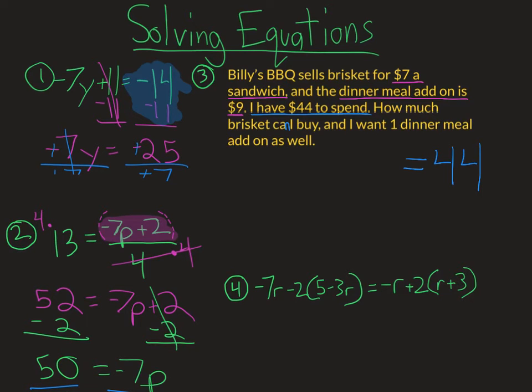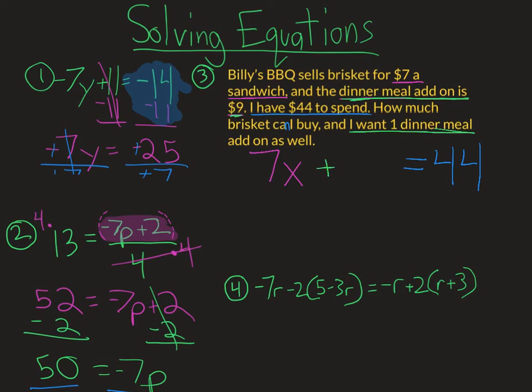And the question is, at $7 a sandwich, how much brisket can I buy? So that has to be 7x, 7 times the number of sandwiches I'm able to buy for that $44. Maybe it's 1, maybe it's 2, or not meals, excuse me, sandwiches. I don't want to confuse you. 1, 2, 3 sandwiches, we'll see. And then this dinner meal add-on is $9, and I want one dinner meal add-on.